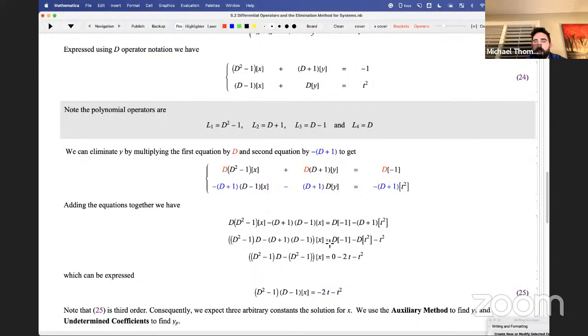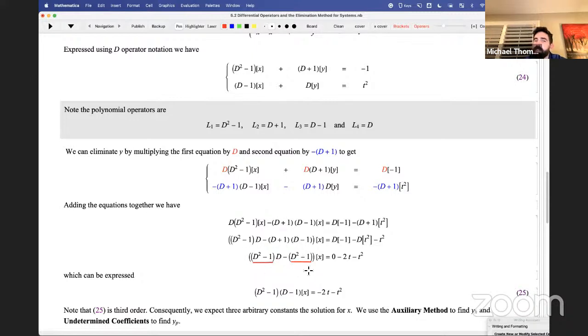Okay. And then on the left, since we have the operator completely isolated out front, we can play around with it, try and factor it, simplify it down. You could expand all this out if you want, but you don't have to, because look, D plus 1 times D minus 1 is D squared minus 1. So I've got a D squared minus 1 there, and another D squared minus 1 there.